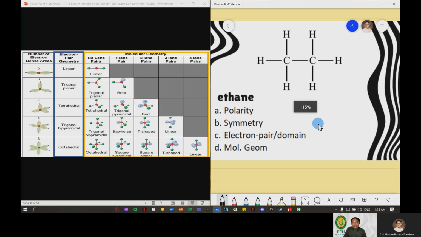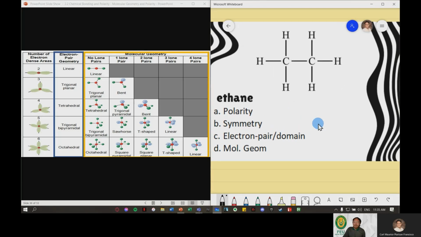Now from the looks of it, we always start with the central atom. Now with ethane, there seems to be no central atom. So how should we answer it? Do not fret. Remember, we identify symmetry via equal or mirror images of equal distribution of the atom or the molecule.